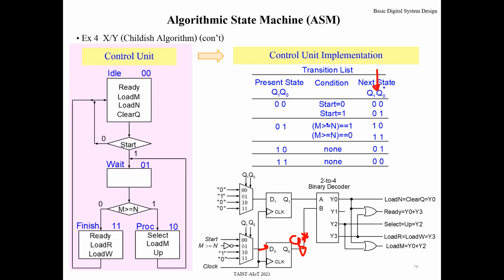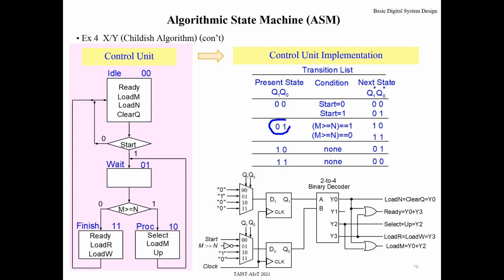When the state machine is in state 0 0, the next value of Q0 star is the same as the value of start, so you apply the start signal here.